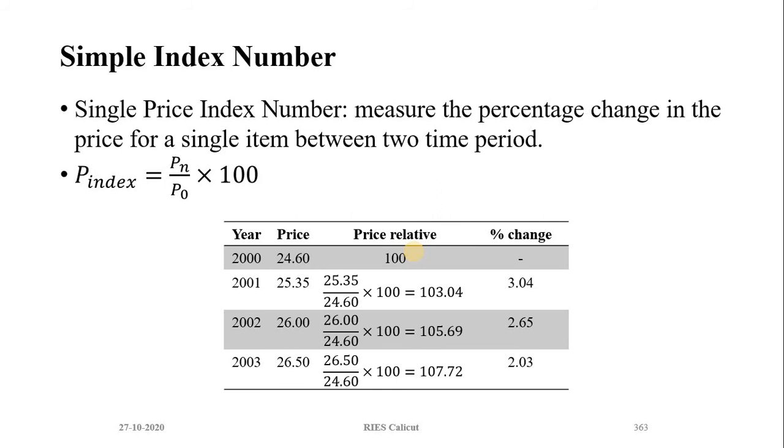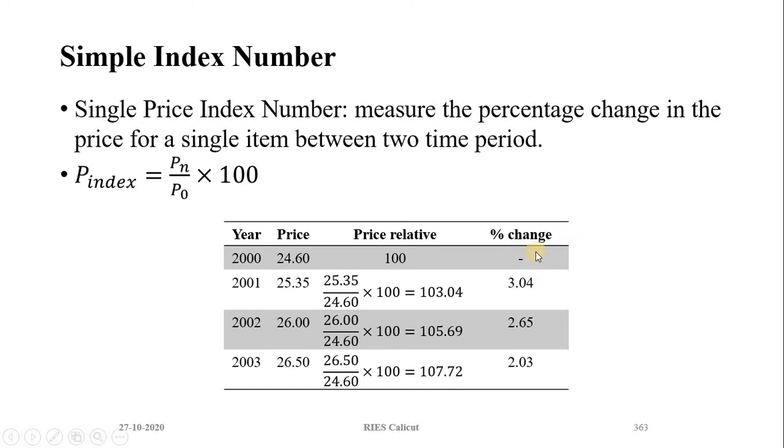Okay, yes. So you look at 2001, the price has increased to 25.35. So 25.35 divided by 24.60, that is the base year price, into 100. We will get 103.04, and this is what is called price relative.